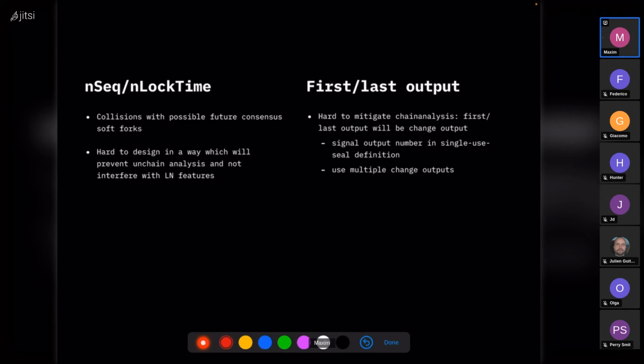But it's quite risky. For instance, let's say that when you define a single-use seal, you put 1 byte with a number from 1 to 256, and this value will be used when you create the transaction. You take this number modulo the number of outputs in the transaction, and basically you get the output that will contain the commitment. But you don't know the structure of the transaction you will be creating at the moment when you create a single-use seal.